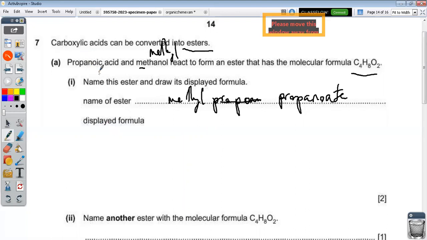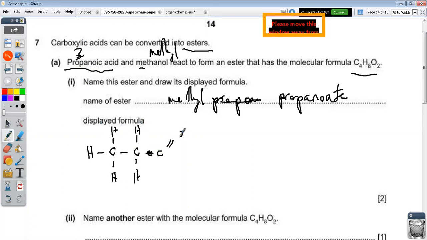Okay, just to revise quickly here. Propanoic acid, it means how many carbons here? 3 carbons. So I have a CH3 like this for the first carbon. Then the second carbon is bonded to 2 hydrogens like this. Then the last carbon is simply bonded to your acid group like this.